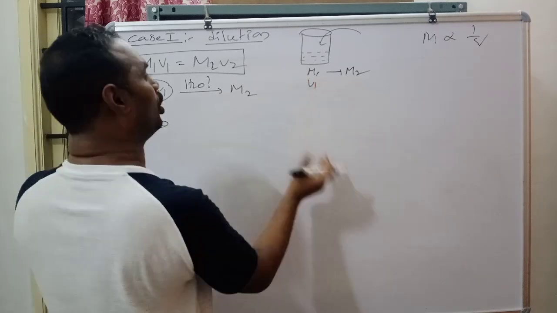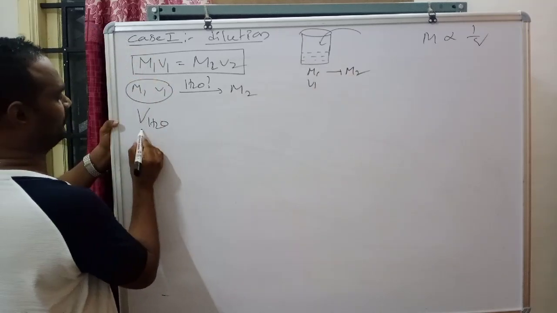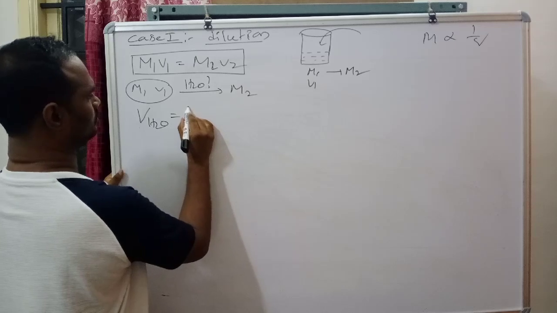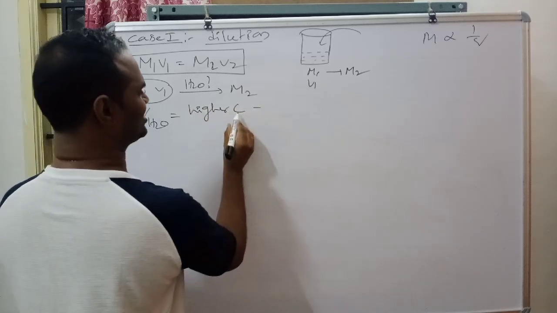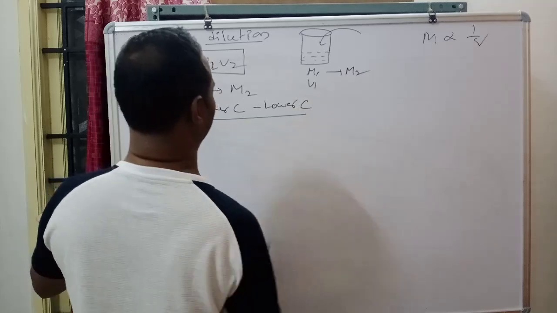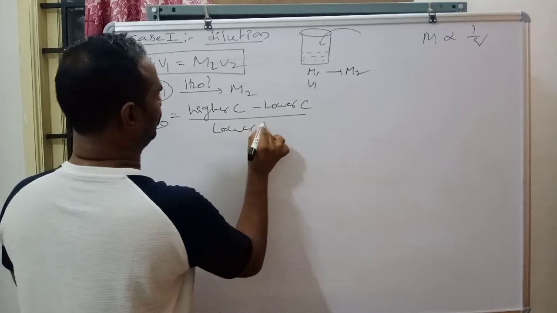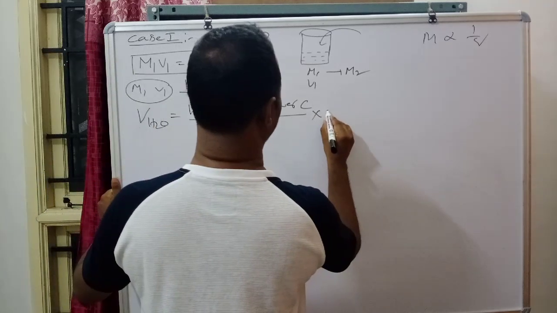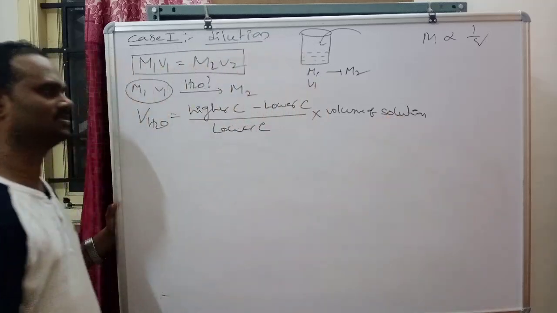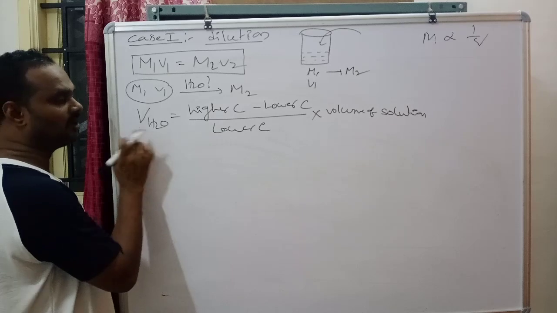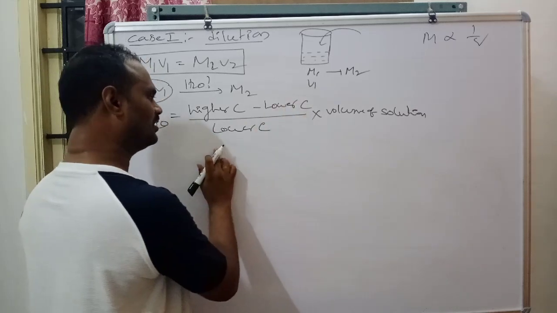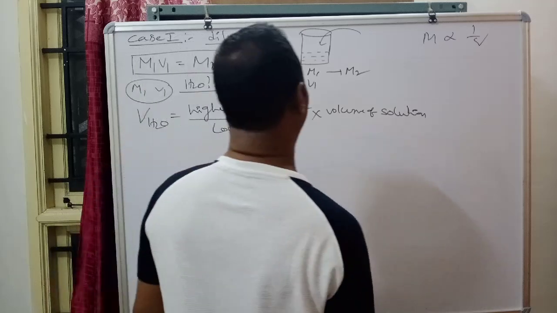To calculate how much water we are going to add, there is a simple formula: V H2O, the volume of water required, equals higher concentration minus lower concentration, divided by lower concentration, into the volume of solution initially taken.